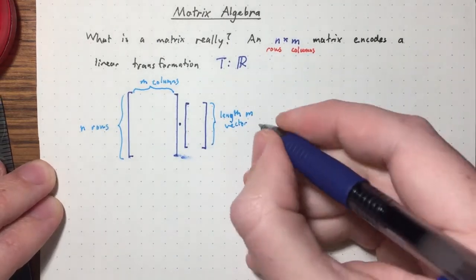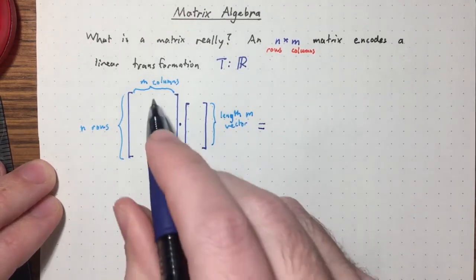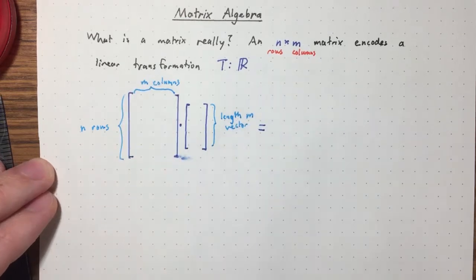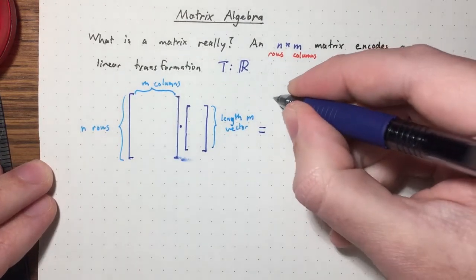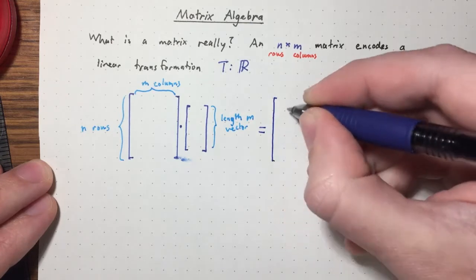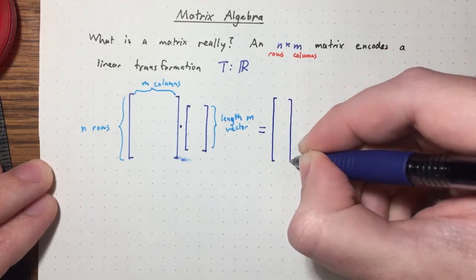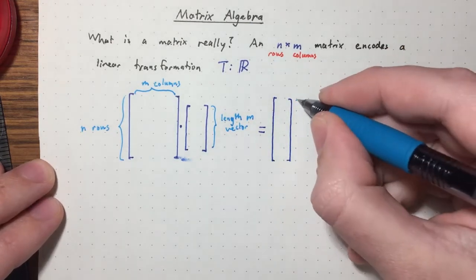And then what is this going to give me when I multiply this vector by the matrix? I'll get some combination of the columns. So that will be a length n vector.